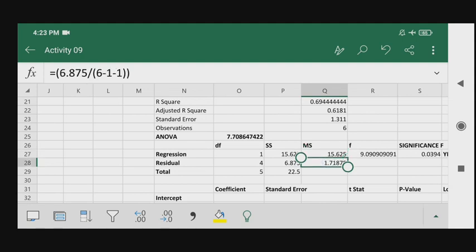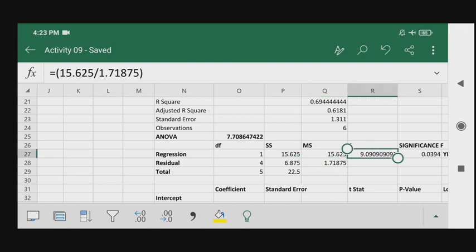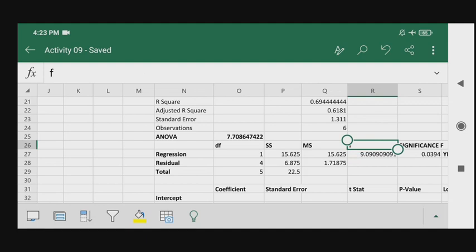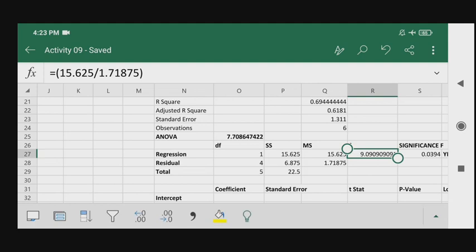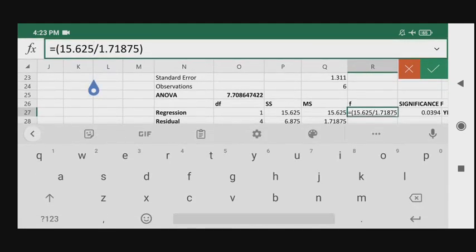For residual, 6.875 divided by 6 minus 1 minus 1 is equals to 1.71875.